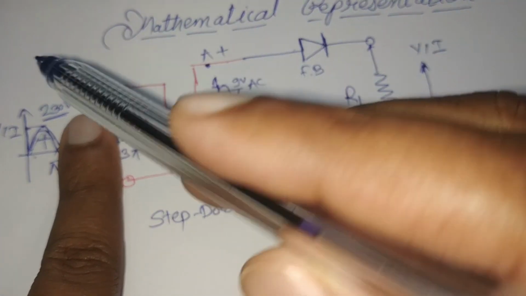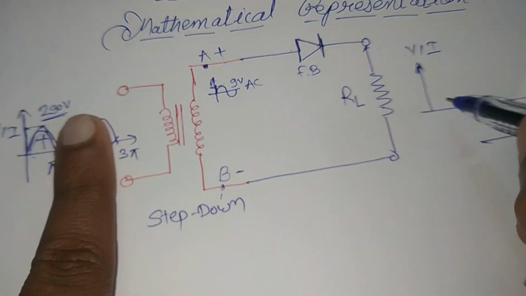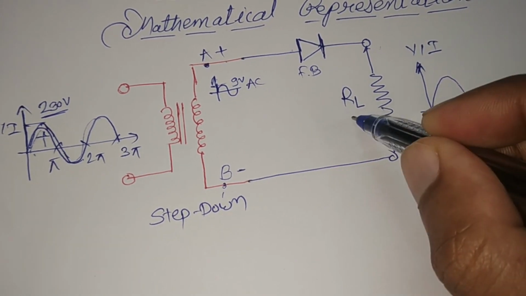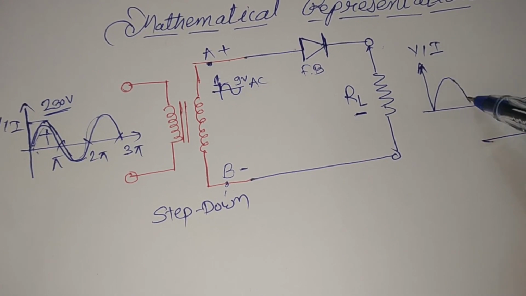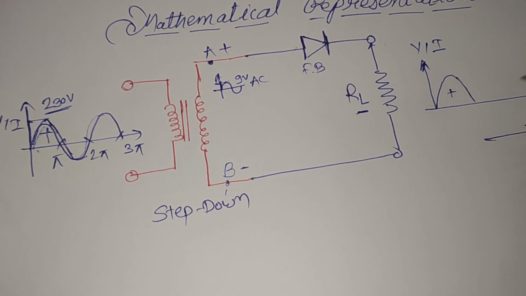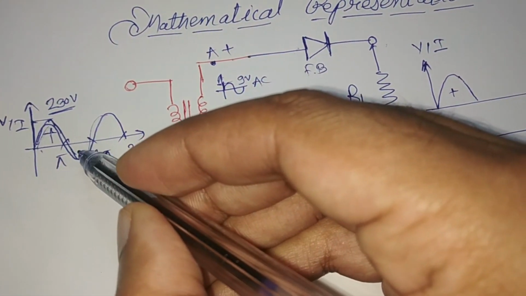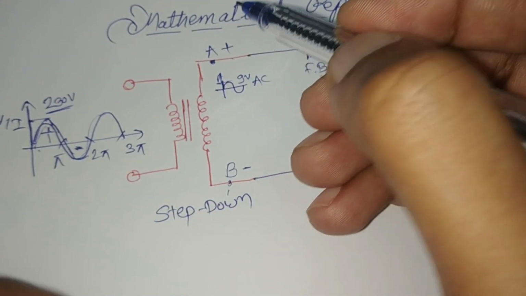What is the input signal in the positive half cycle? The first half cycle will, as it is, go to the output. We are representing the load with a load resistor. So the first positive cycle will be as it is, right? Now in the second, negative cycle at input, we change the input and we get changes in the output.